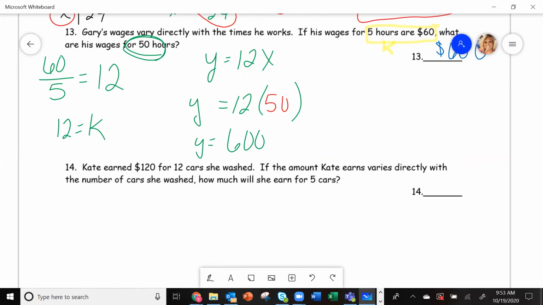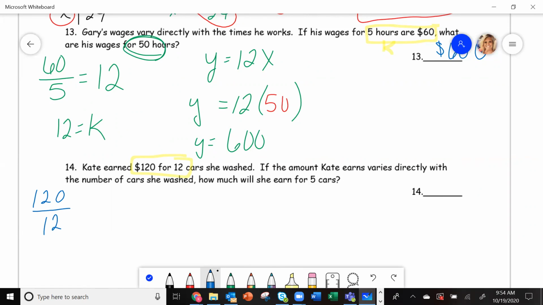Okay, so let's think about this. First, you need to find your K value. How much does she get paid for each car? So we're going to have 120 divided by 12. What's 120 divided by 12? $10.